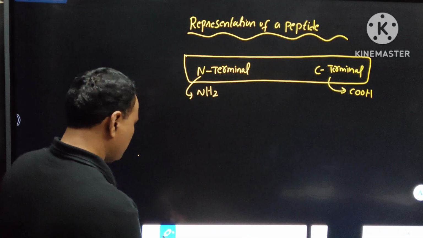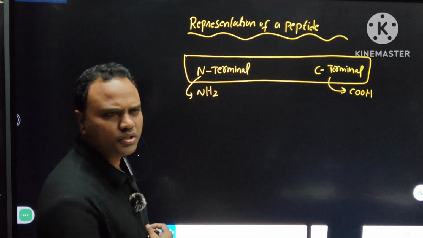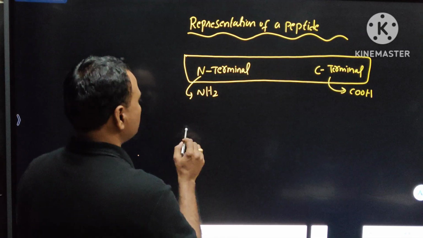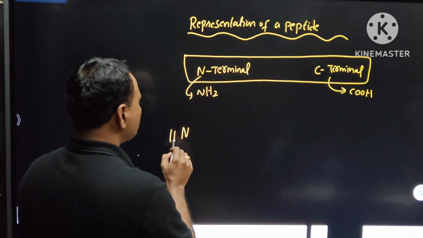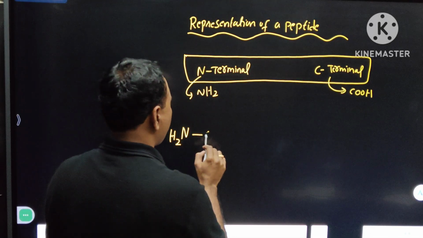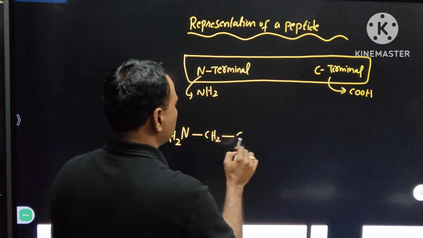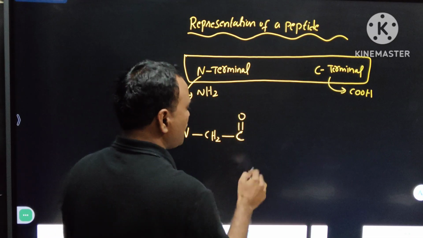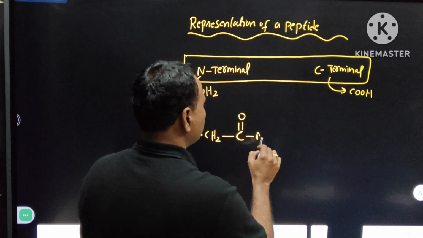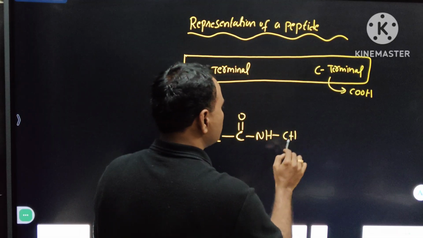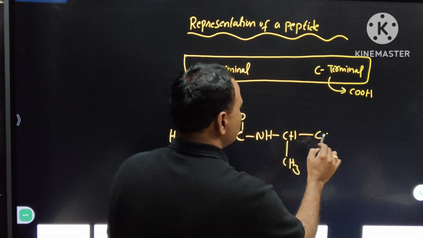See this example. Simple amino acid, glycine, NH2, CH2, C double bond. I am writing directly NH, CH, CH3, COOH.